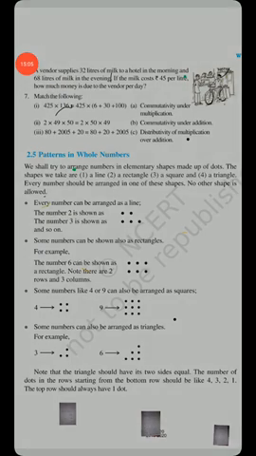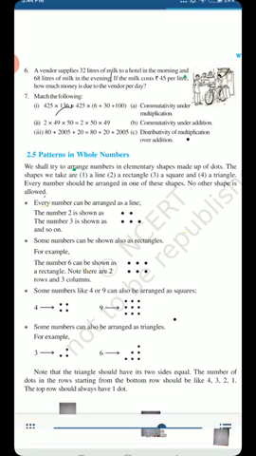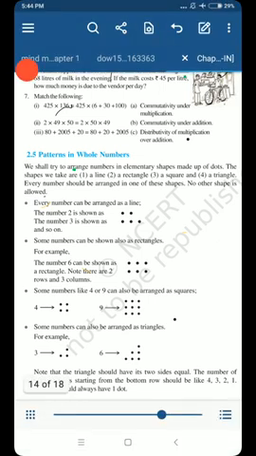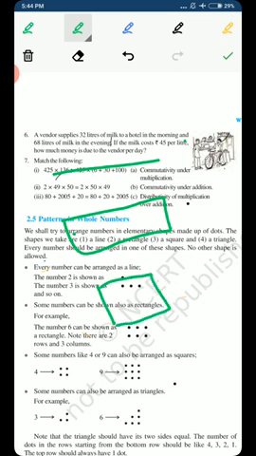I would like to now summarize that by patterns or shapes we mean some particular patterns, and those patterns or shapes are expressed in the form of dots. The shapes are the shape of a straight line, the shape of a rectangle, the shape of a square, and the shape of a triangle.